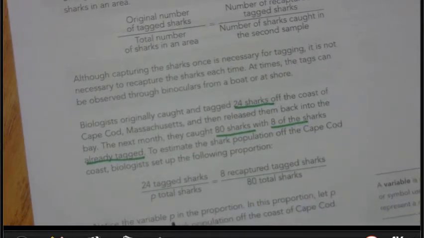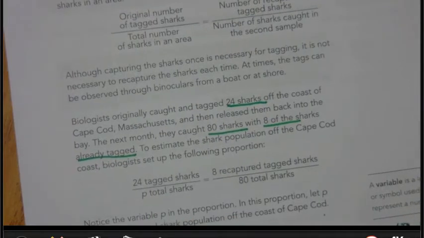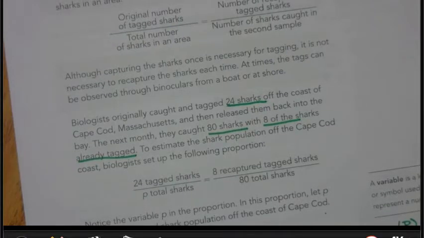Notice the variable p is in the proportion. In this proportion, let p represent the total shark population off the coast of Cape Cod. A variable is a letter or symbol used to represent a number. That's what p is.